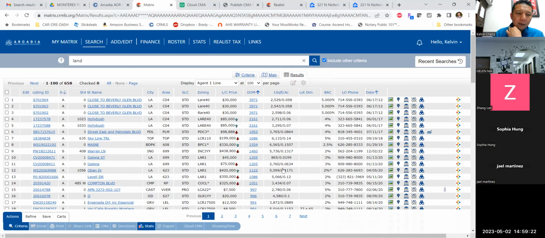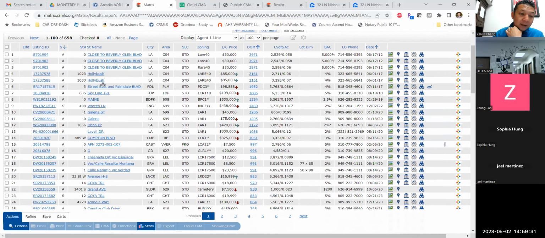Well, if not, I'll put the cities in, which makes it easier. Let me just show you when I pulled up land and put in the comps.